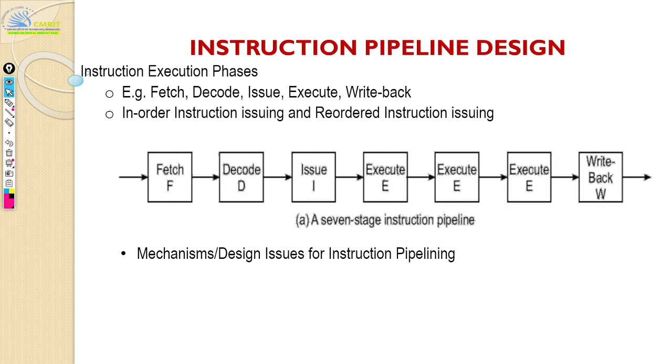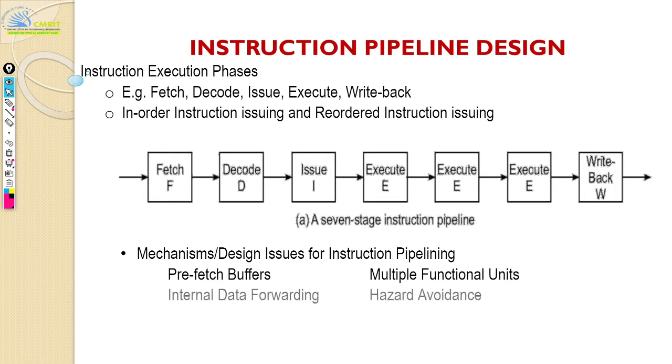Now, for the rest of the topic, not exactly today, but in the subsequent topics, we will be seeing what are the different design issues for the pipeline. We'll see some of it in this class and some of it in the next classes. Prefetch buffers, multiple functional units, data forwarding, hazard avoidance, and dynamic scheduling.